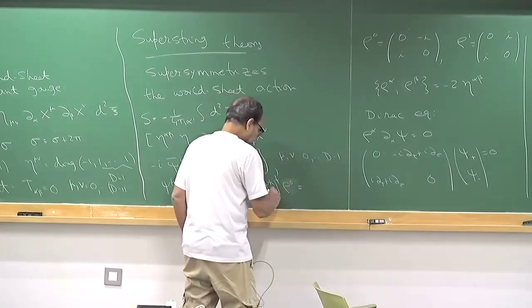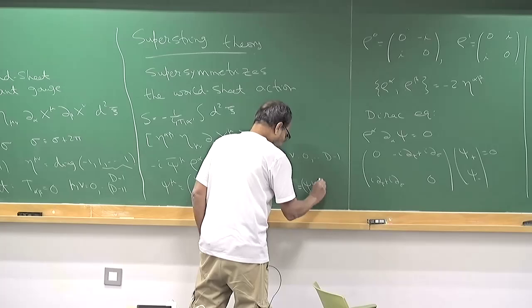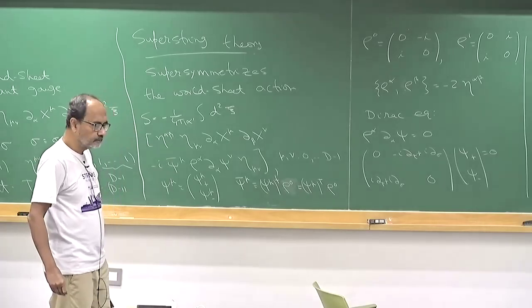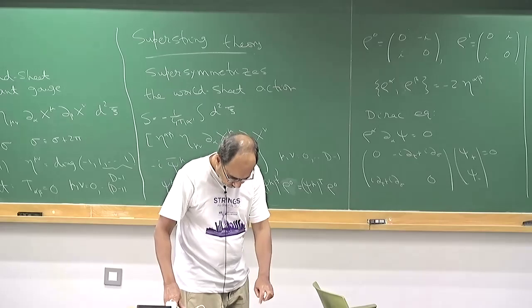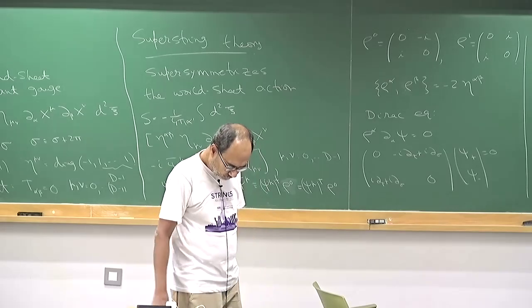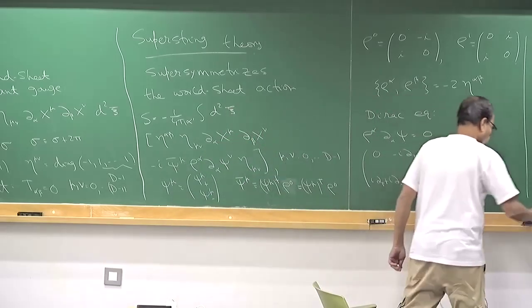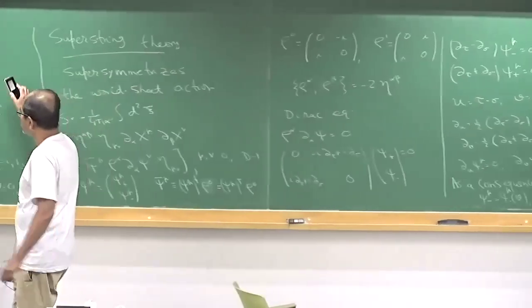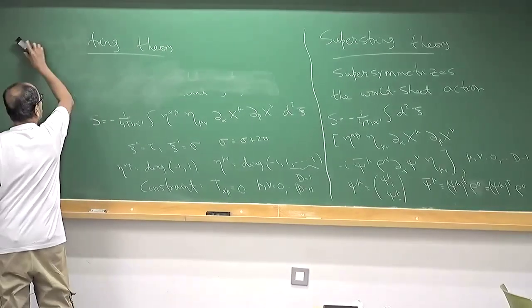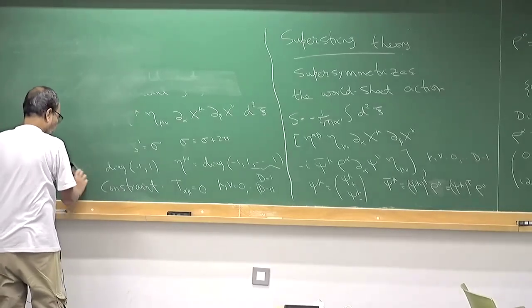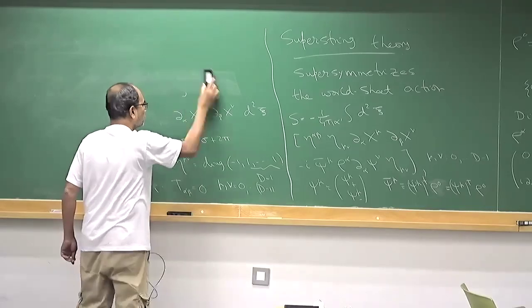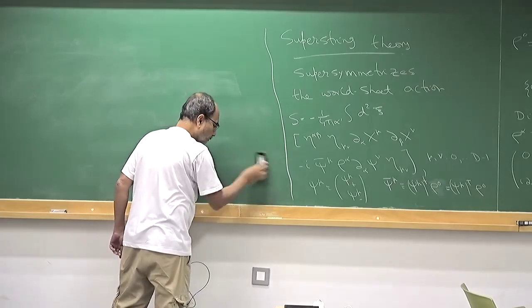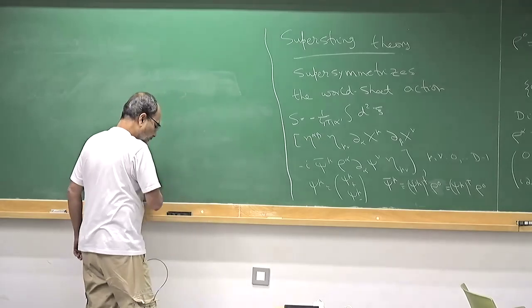But if this is real, I can write this as psi mu transpose rho naught.